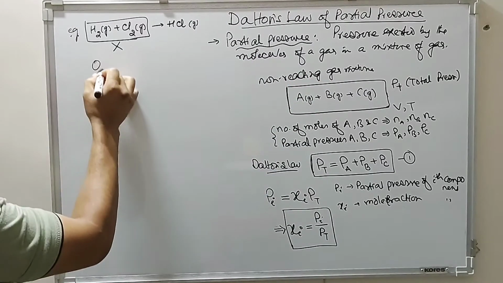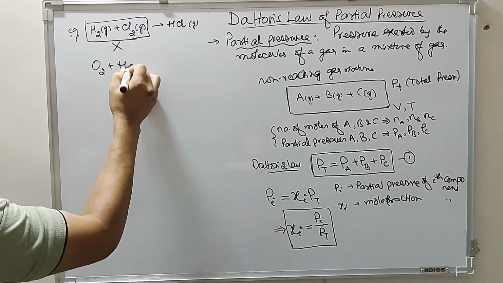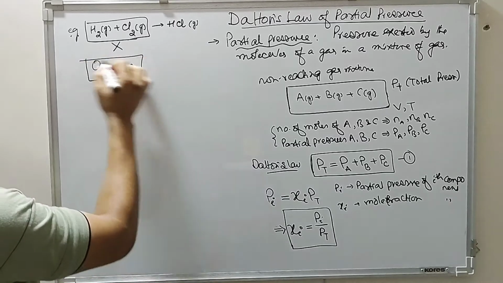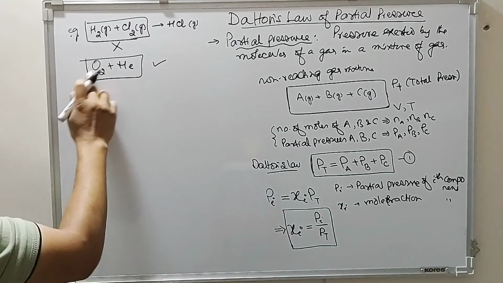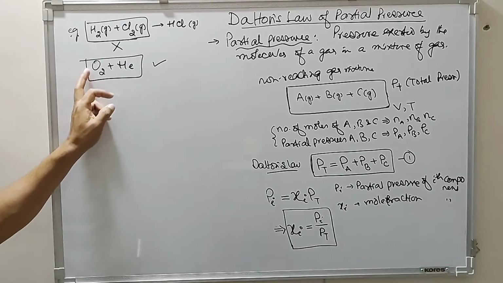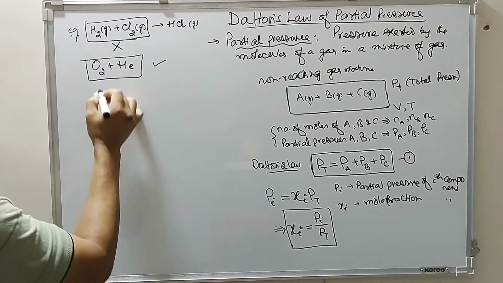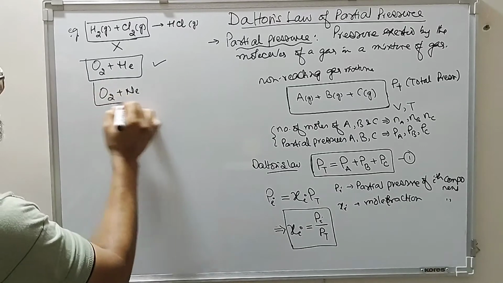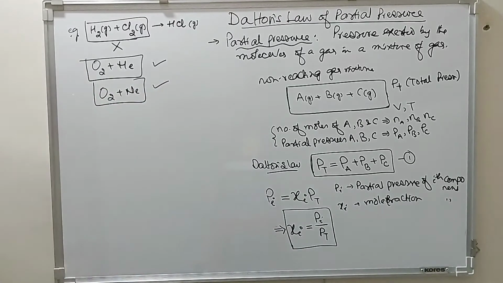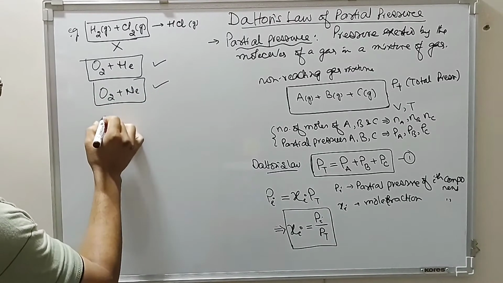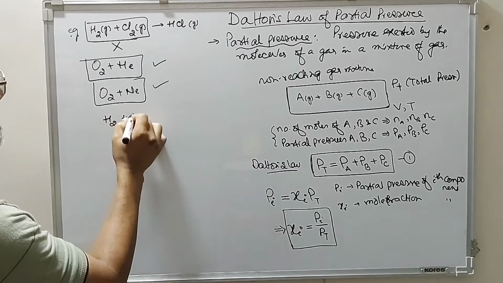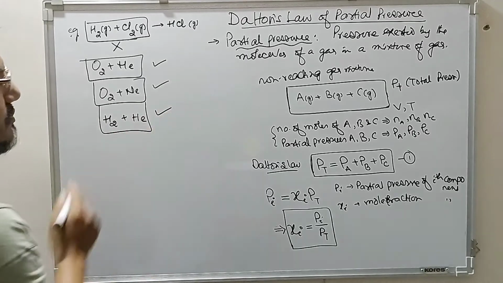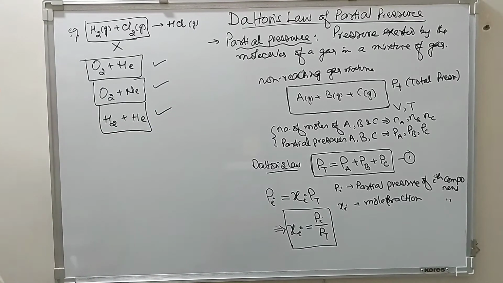Take this, we have oxygen gas and helium gas. In this mixture of gases, Dalton's law will be applicable because there is no chemical reaction between oxygen and helium. Take this, oxygen and neon, again Dalton's law will be applicable. Take this, hydrogen gas and helium gas, again for this mixture Dalton's law will be applicable.